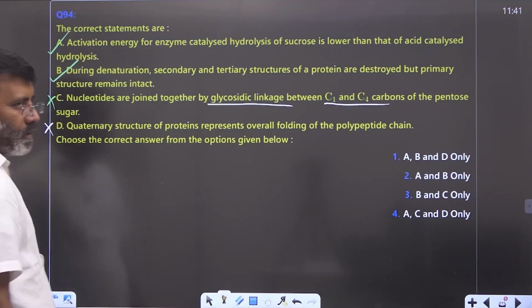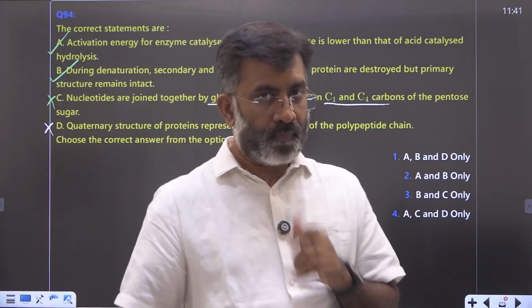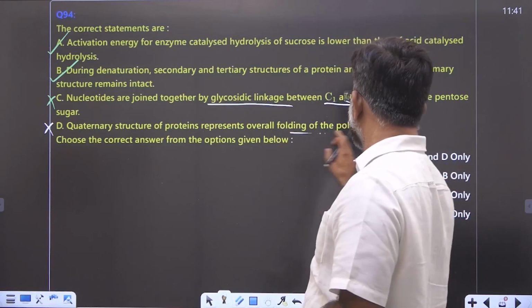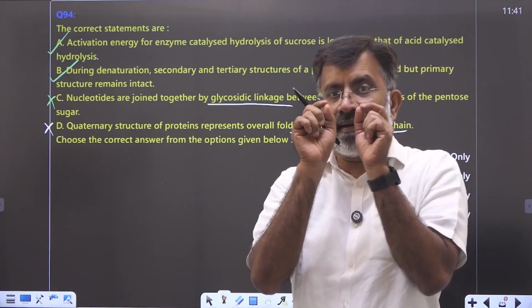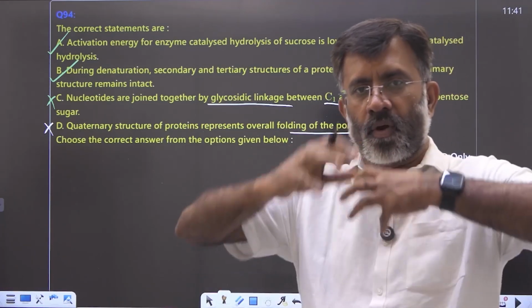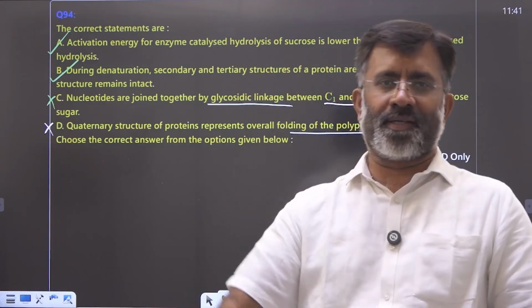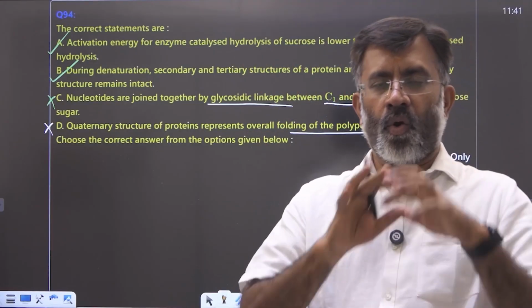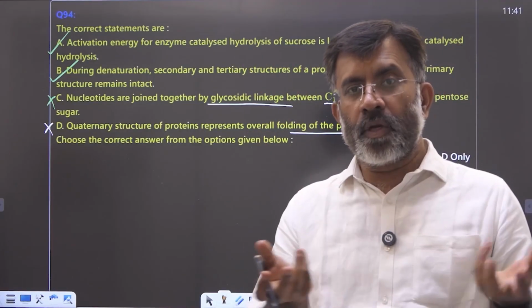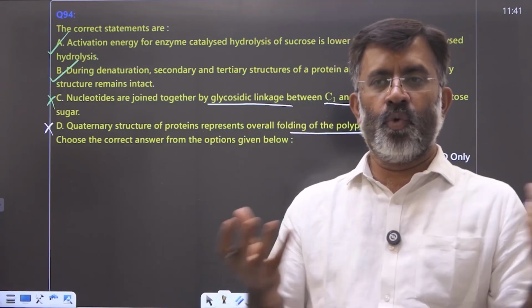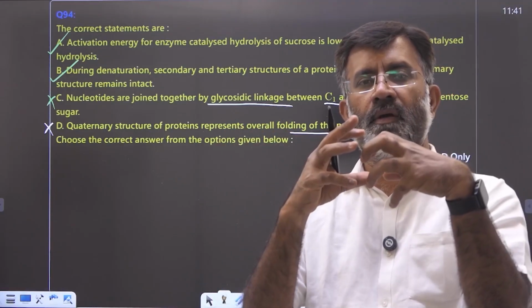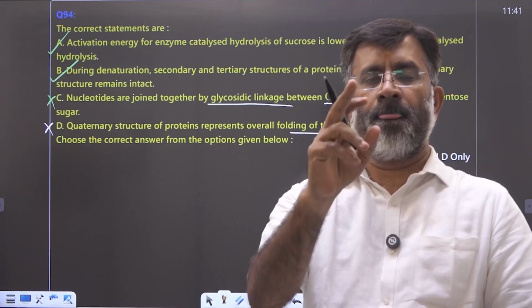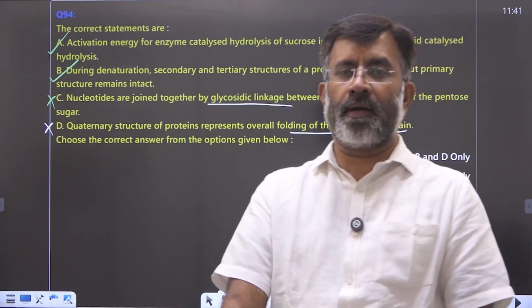Wrong. Quaternary structure means, see, overall folding of the polypeptide chain is tertiary structure. Quaternary structure means overall folding including the subunits. Two different folded units together is called a quaternary structure.